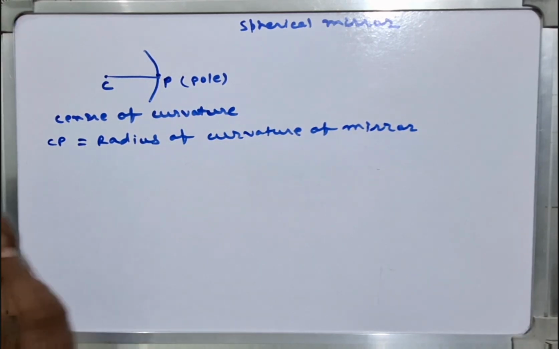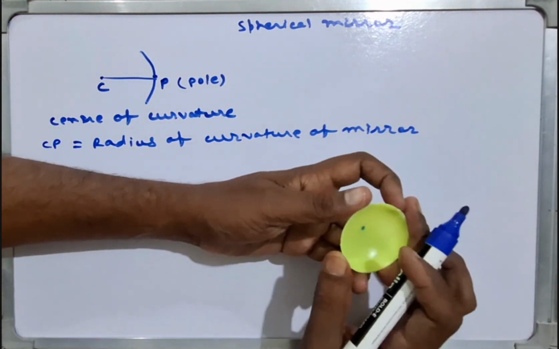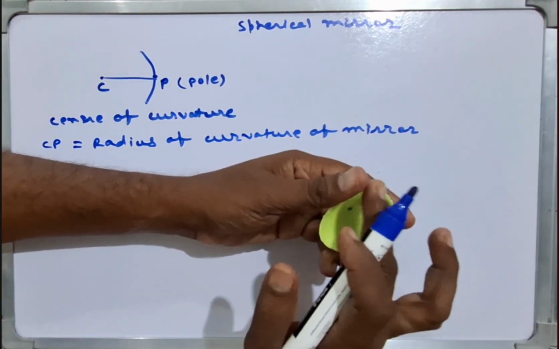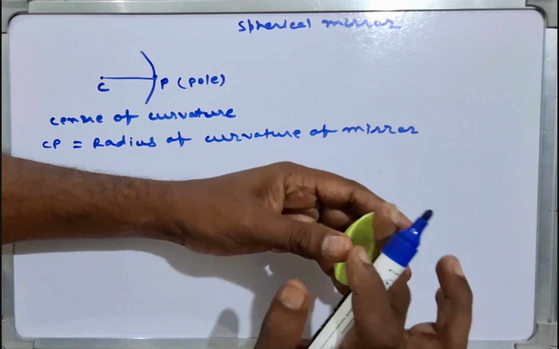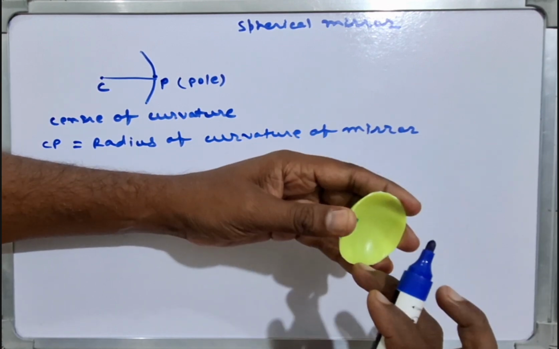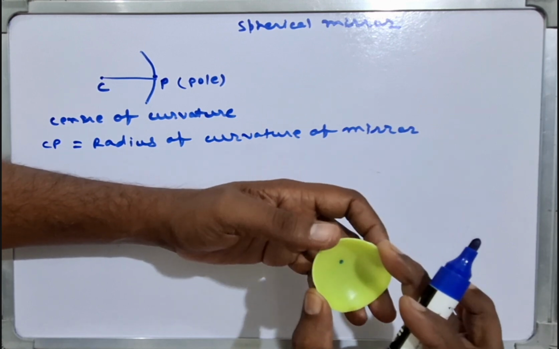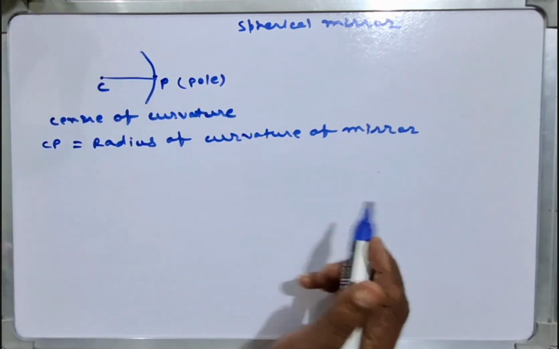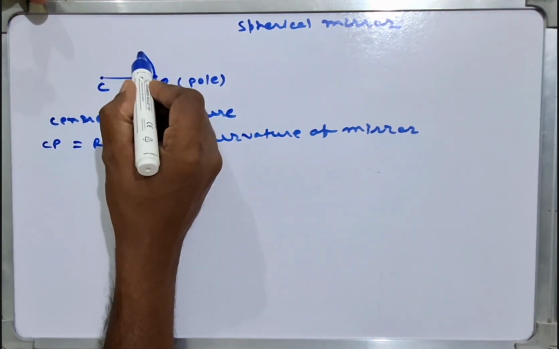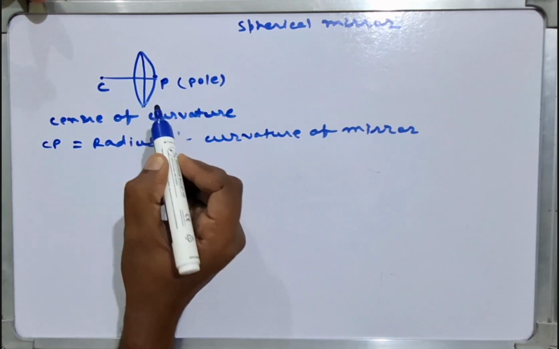Guys, one other important thing. Now see, here is a circular area, or boundary, so it must have some diameter. It has a name, aperture in a mirror. So it is represented like this.